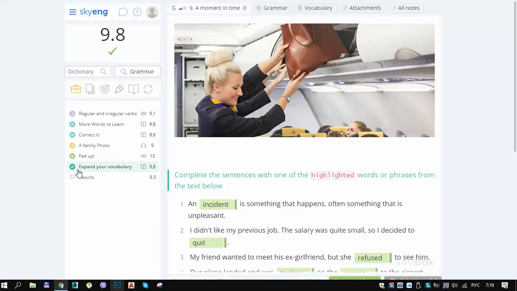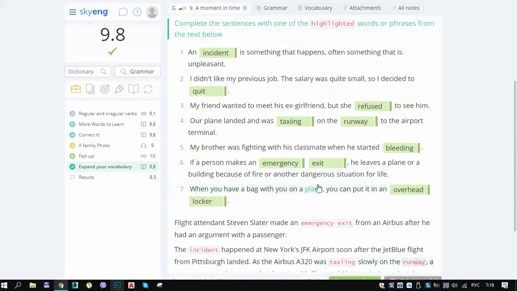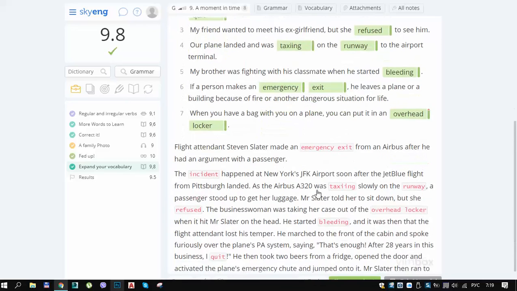Complete the sentence with one of the highlighted words or phrases from the text below. An accident happens often, something that isn't bad. I didn't like my previous job. The salary was quite small, so I decided to quit. My friend wanted to meet his ex-girlfriend, but she refused to see him.